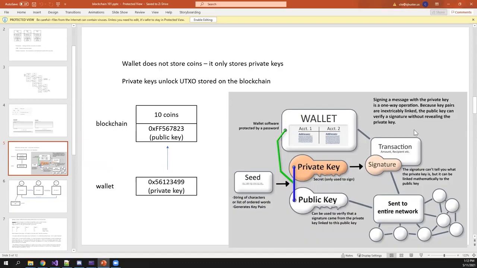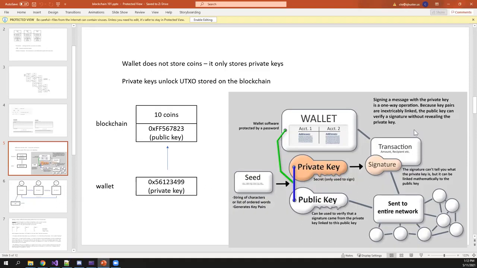Now, the "who" is just a number, right? It doesn't mean anything because it's a transaction ID. It's not like it says, oh, Shaun has 10 Ethereum. You're never going to see that. You're going to see some long number that represents my public key. The key here, no pun, is that private keys can be used to derive a public key.